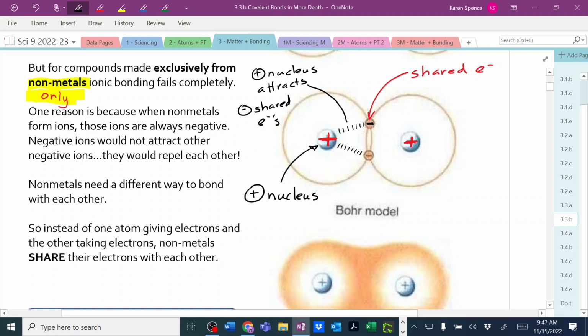So the positive nucleus attracts the negative shared electrons.